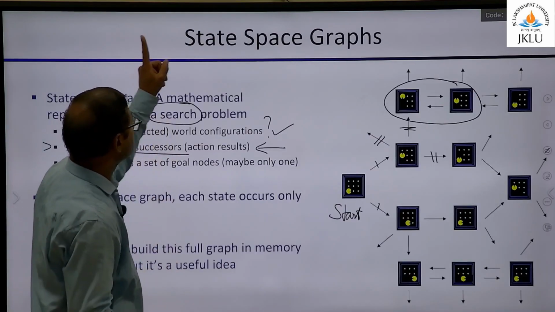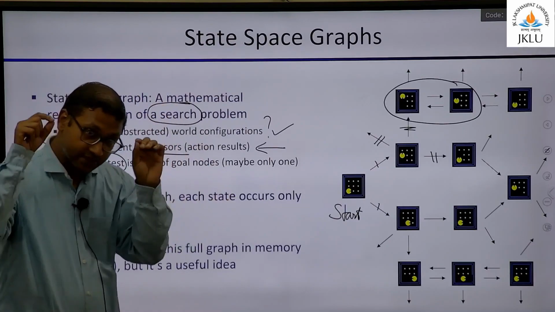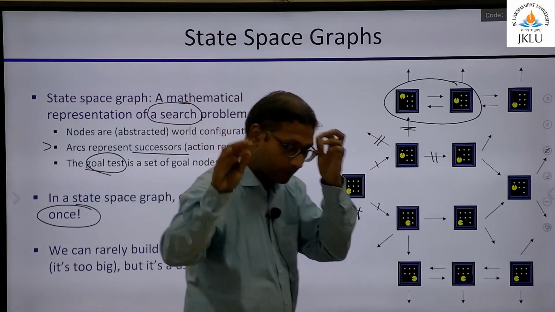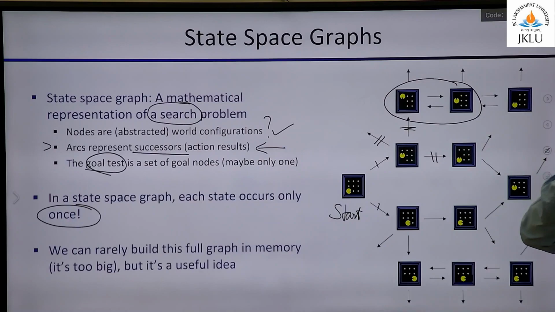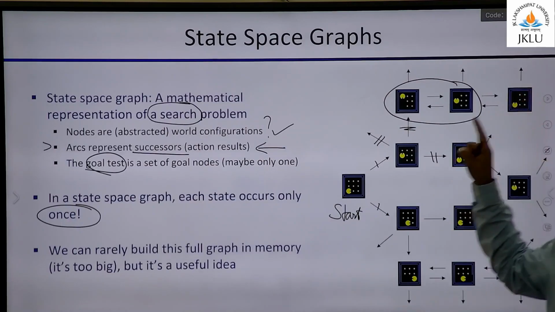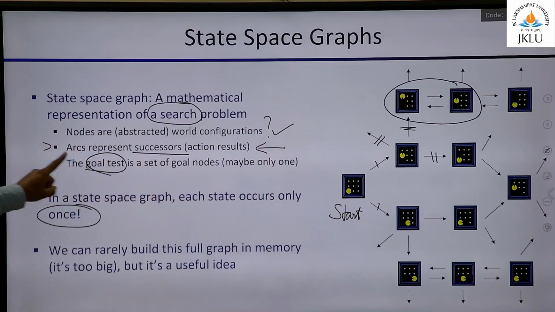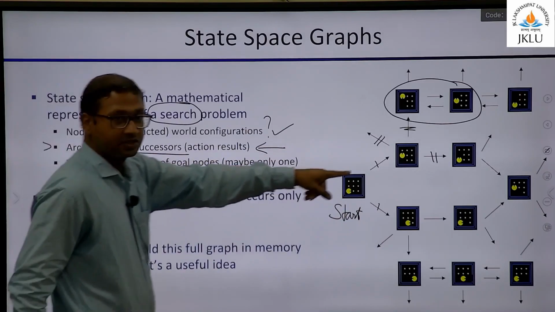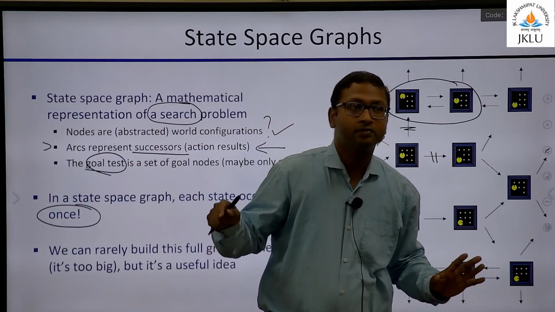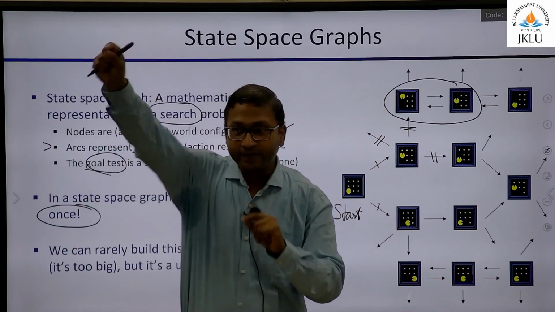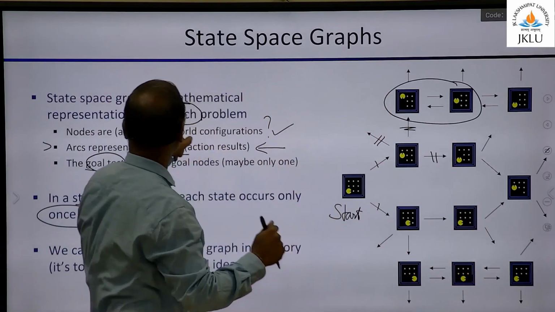Look, write down state space graph, because I have just too many problems with this. Students make this mistake in the mid-sem. If I ask you for a state space graph, I'm asking for this thing that is drawn here, in which the nodes will be the elements of the world space, the world configuration.